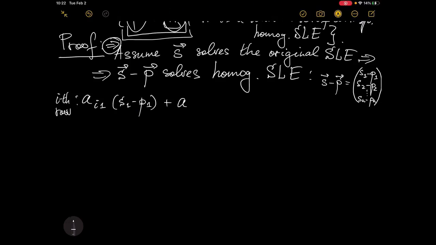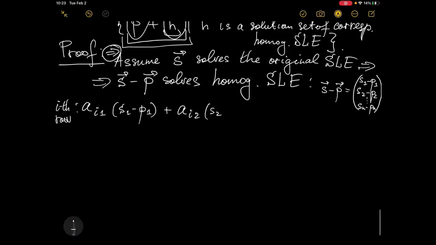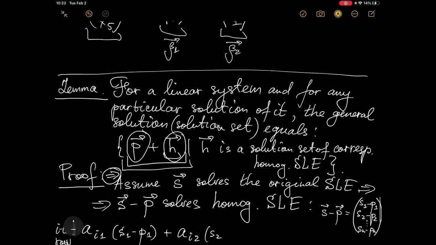I'm sorry, I have a question. Yeah, go ahead. I don't quite understand S minus P. Why did you subtract P? I'm just saying that P is any particular solution of my system of linear equations. It means some solution, just one. I have just found a vector which satisfies my system of linear equations.